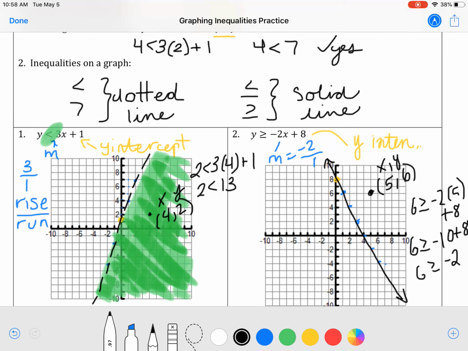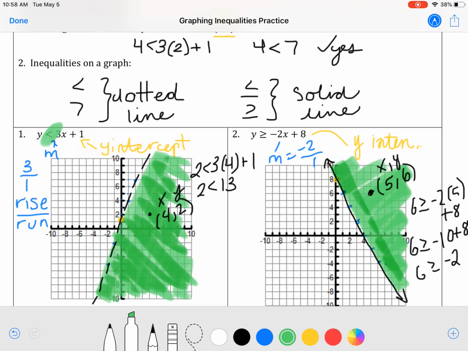Okay, so I'm looking at that and I'm saying, is that true? Is 6 greater than or equal to negative 2? Yes, it is. So I know I did it right, so I'm going to go ahead and shade that side of the graph because I want that side for my inequality.